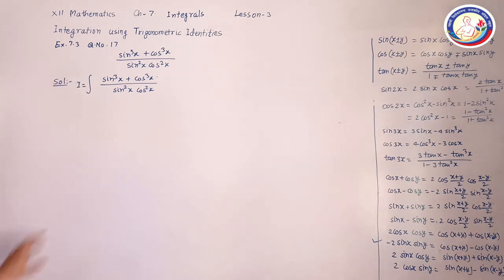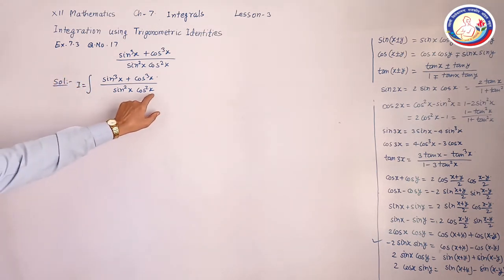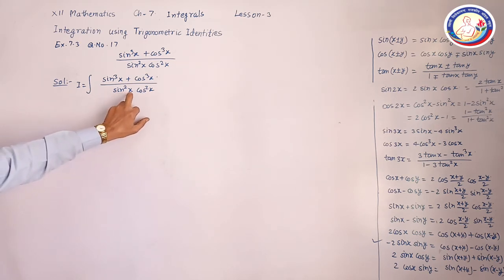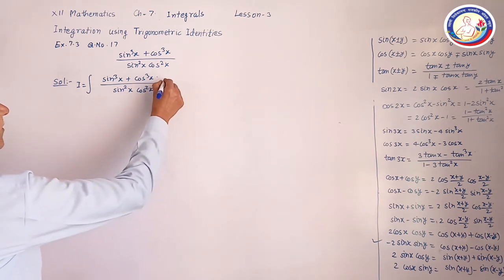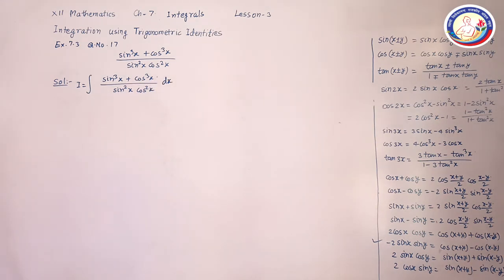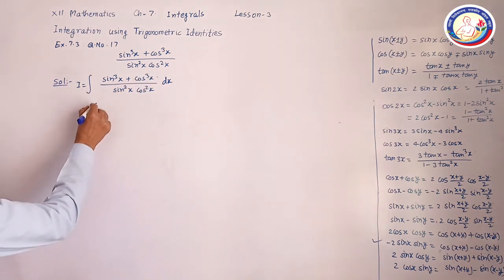Here we can't use directly any fundamental identity. Sine square x can be written as 1 minus cos square x, but it will add to our problem. So I am splitting in two parts. I am dividing sine cube x by this and cos cube x by this in this way.